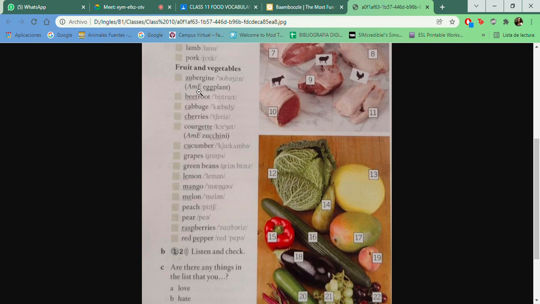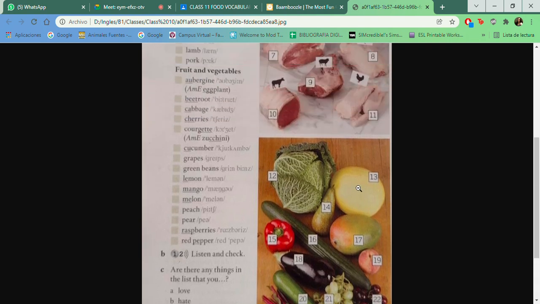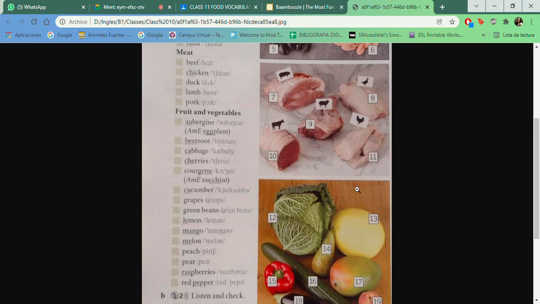Do you remember? This is 18. Very good. How do you pronounce the British word? Aubergine. Yes.